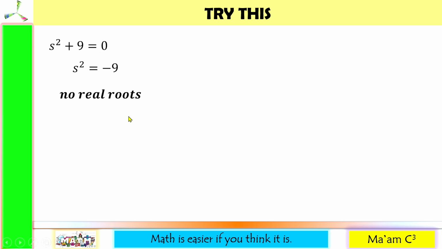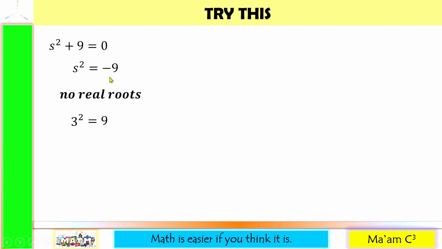Let me explain. First, let us define a square root. A square root of a number is a number that when multiplied by itself gives the original number. Our original number here is negative 9. If you are going to say that the square root of it is 3, when you multiply 3 by itself, or just the same as squaring it, it will give you positive 9, not negative 9.